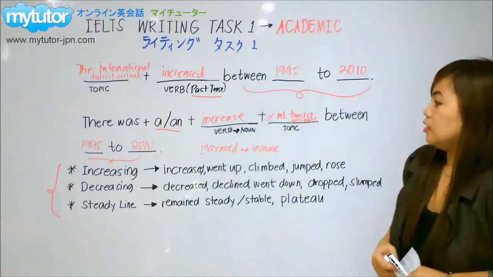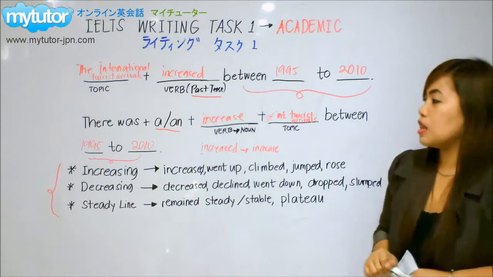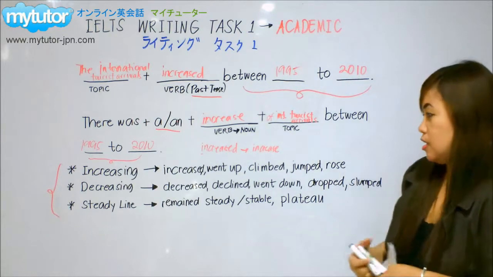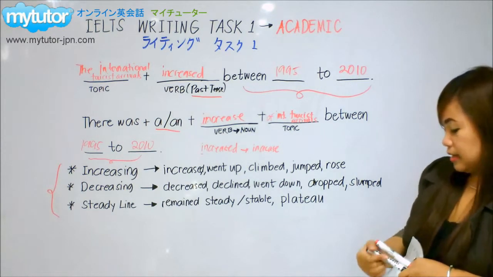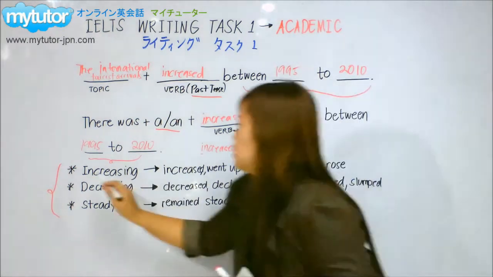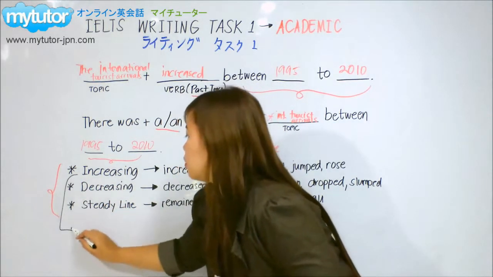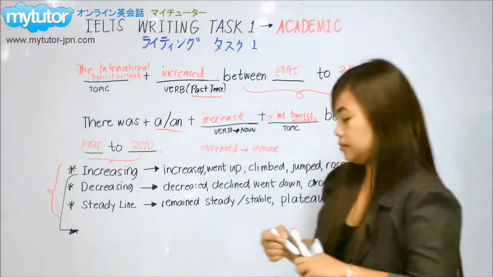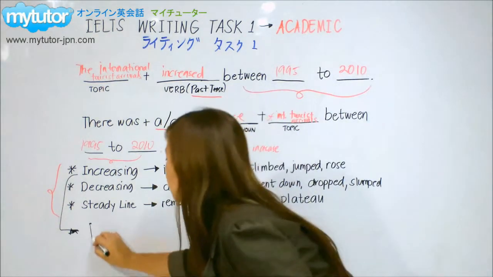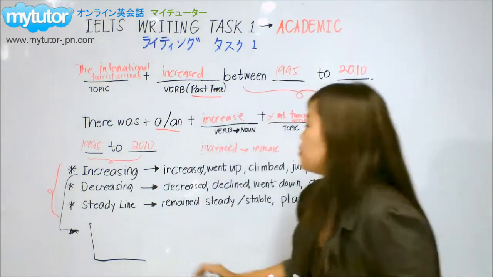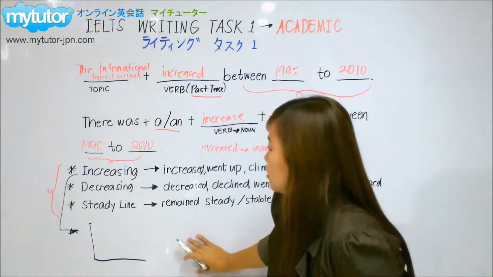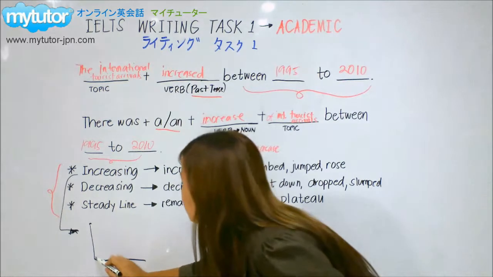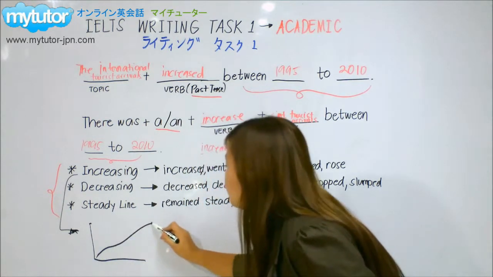Okay. So let's try to describe the movements of our graphs. First, we have increasing graphs. We are talking about line graphs or bar graphs in this case. So this is your x, y axis. If it is increasing, of course, it's rising up here, very obvious.